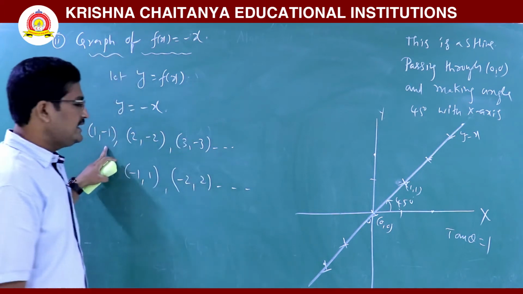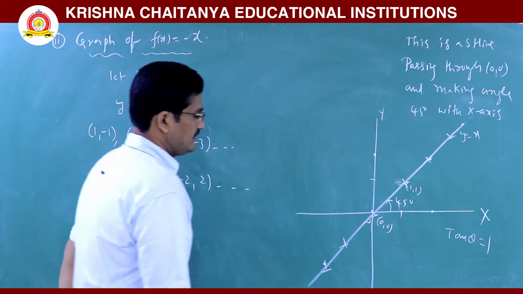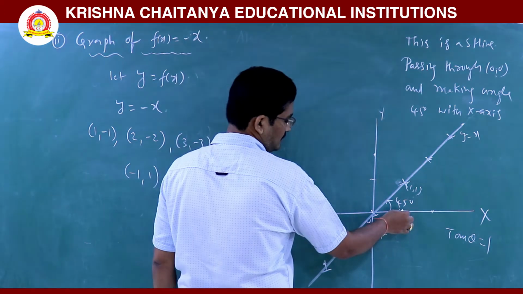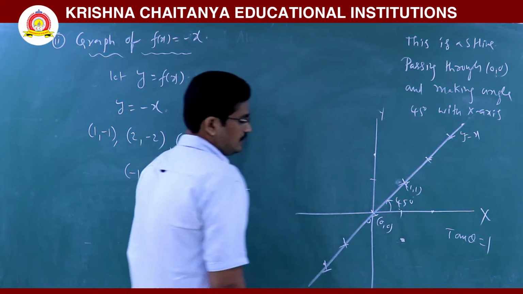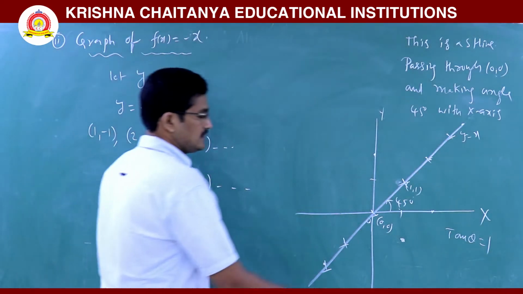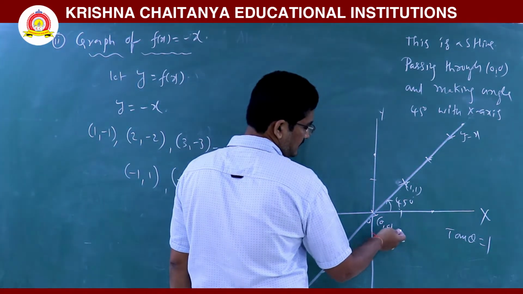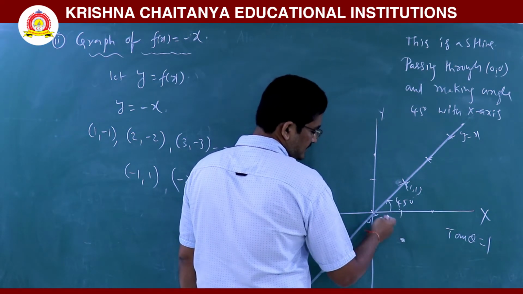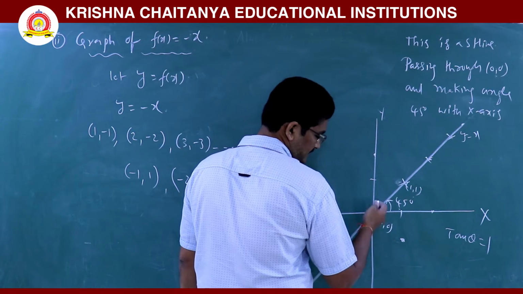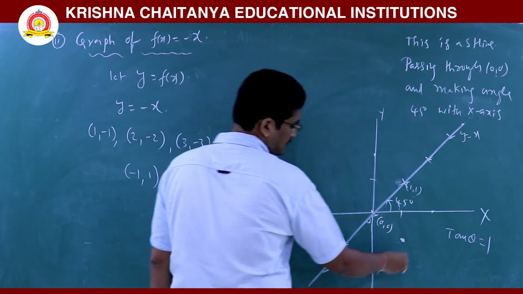So the first point is 1 minus 1. It covers a distance of 1 unit along the x-axis, and the same point covers a distance of 1 unit along the negative y-axis. 1 comma minus 1.